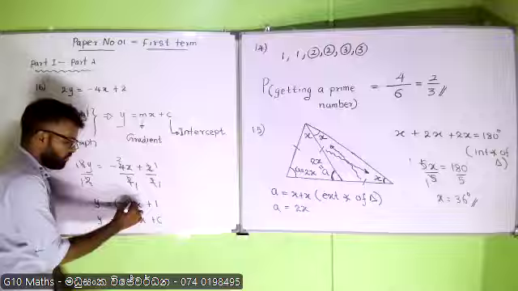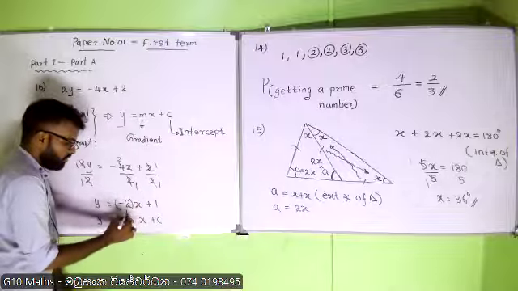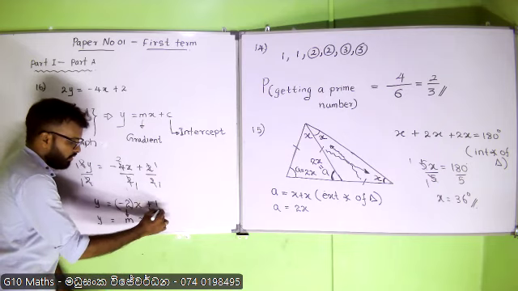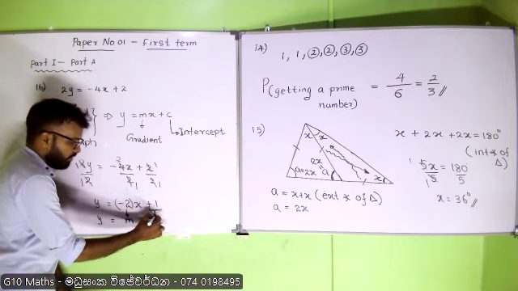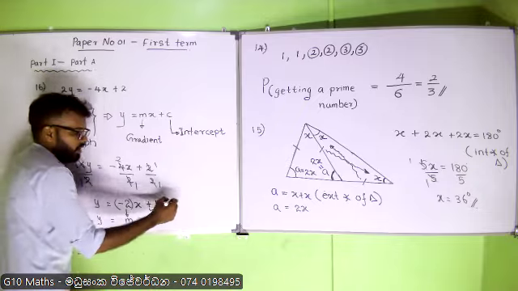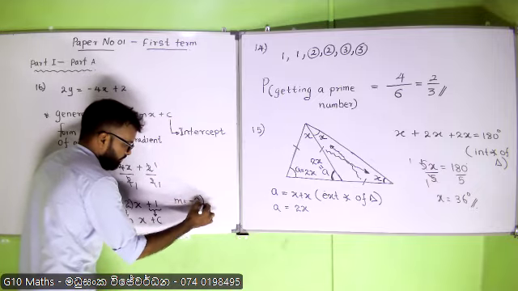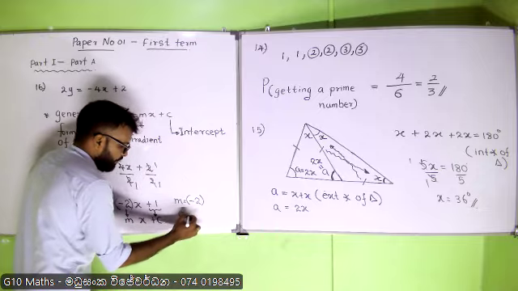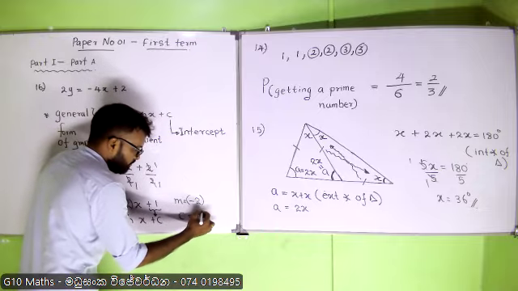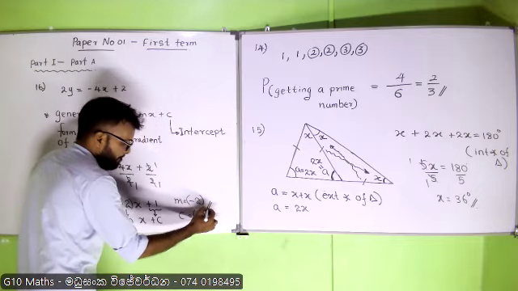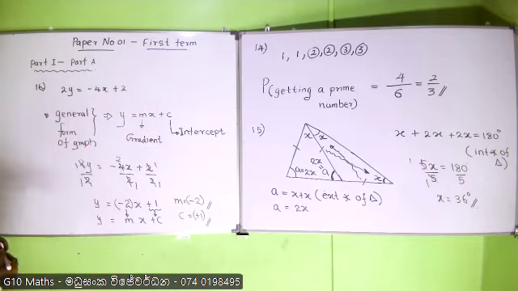This minus 2 is equal to m, and plus 1, that is positive 1, accords with this c. So our gradient is equal to negative 2. Our intercept is equal to positive 1. Alright? Done.